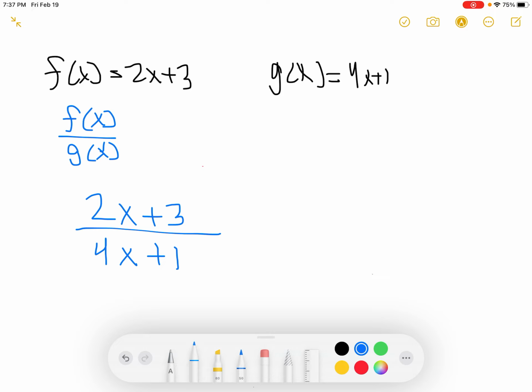In most cases, you would just leave it as it is, because you could try to simplify this, but in most cases, you just leave it like this.